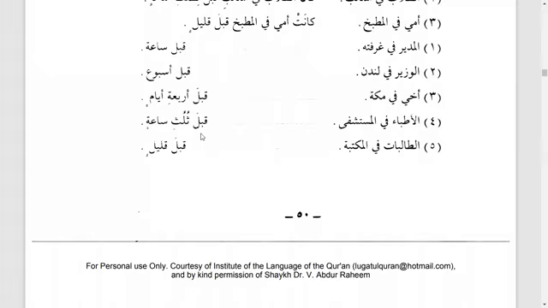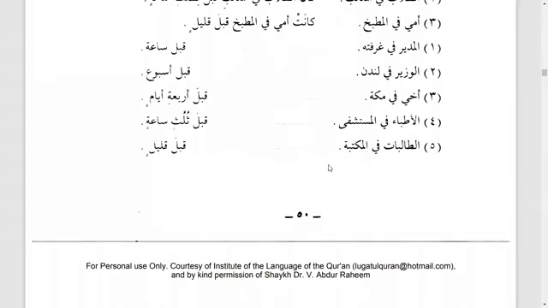Thuluthi is mudaf, and the hour is mudaf ilayh. So whenever we use the word thuluth, the noun after that has to be mansub, because it can be 1/3 of a day, or 1/3 of an hour, or whatever the timing we are talking about. It will be translated as 1/3 of an hour.